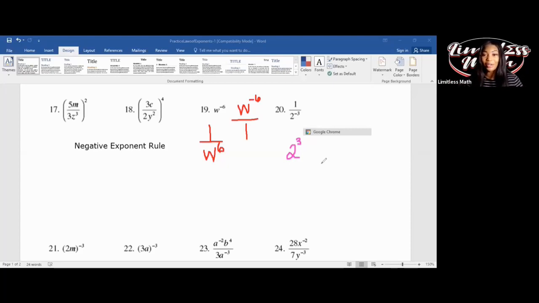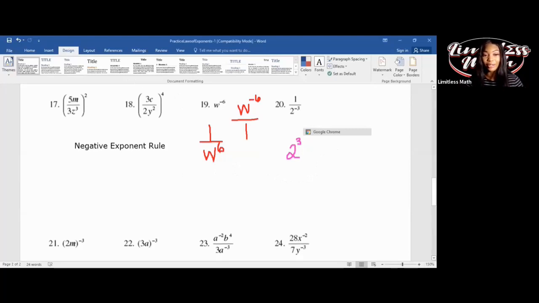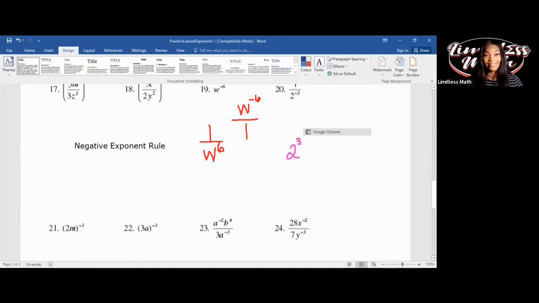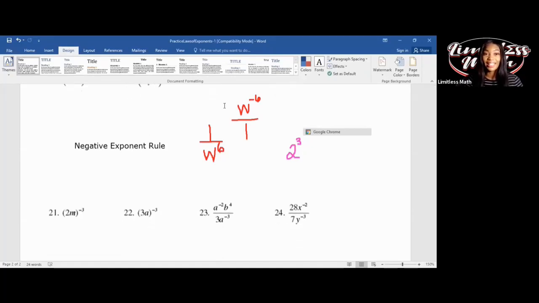Okay, number 21. We have all-inclusive 2m to the negative 3rd power. It's not happy, okay? So we need to make the 2m happy. So we need to move it, right?